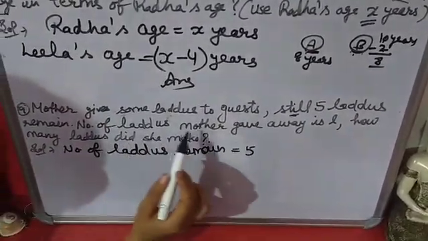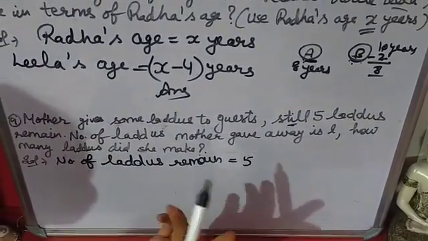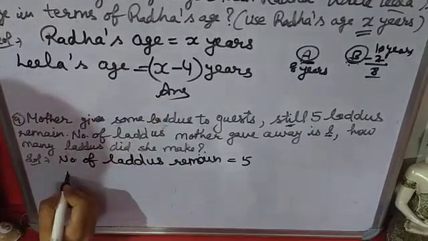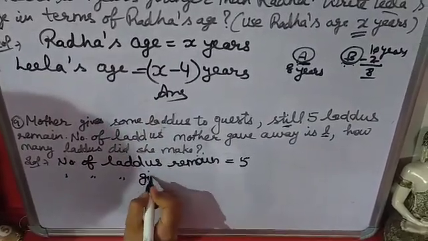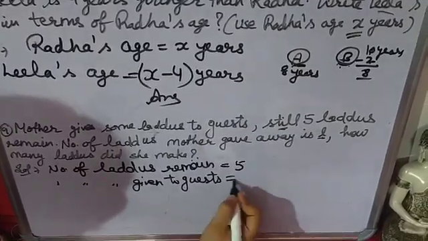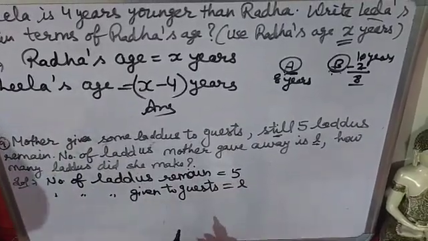Next, number of laddus mother gave away. Now some laddus she has given to guests. How many laddus she has given to guests? Else. So number of laddus given to guests L.